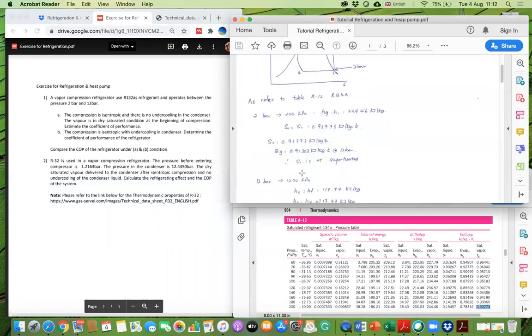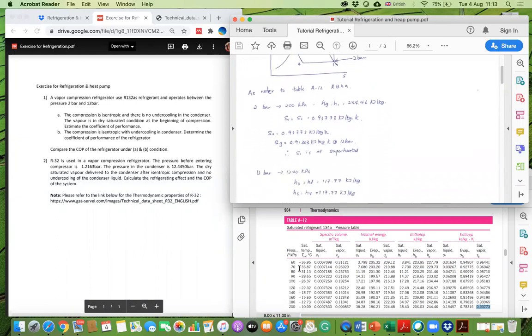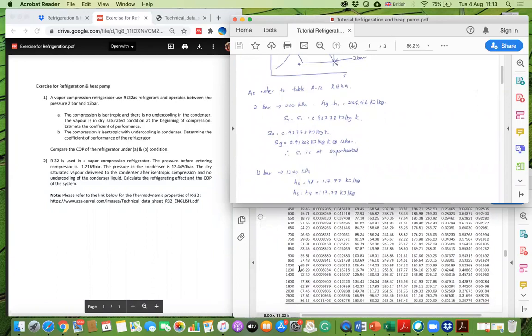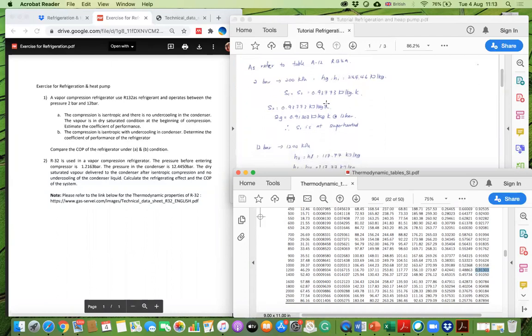This is also equal to S2. But S2 is at 12 bar, so you refer to 12 bar, which is 1,200 kilopascal. If you refer to this one, the S is 0.91303. This value, S2, is much larger than Sf at 12 bar. So it's proven that this is superheated.